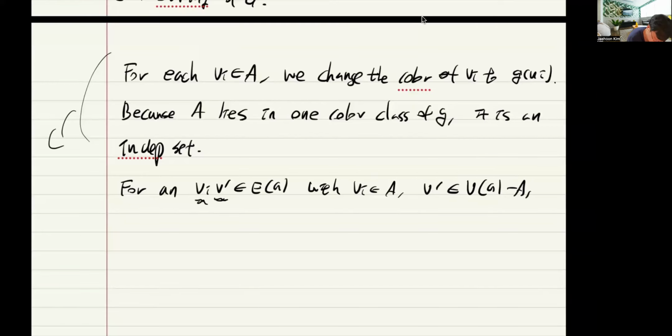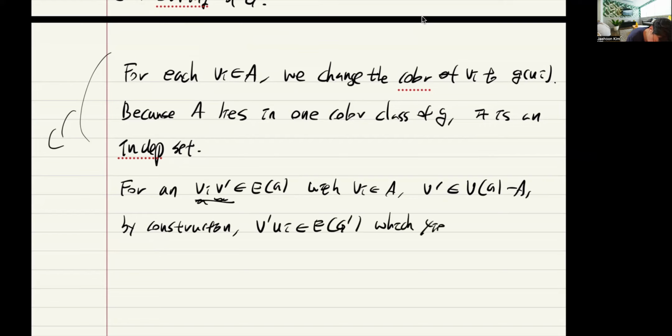But what do you know? By construction, B prime and U_i are also adjacent in G prime, which yields that G of B prime is different from G of U_i.